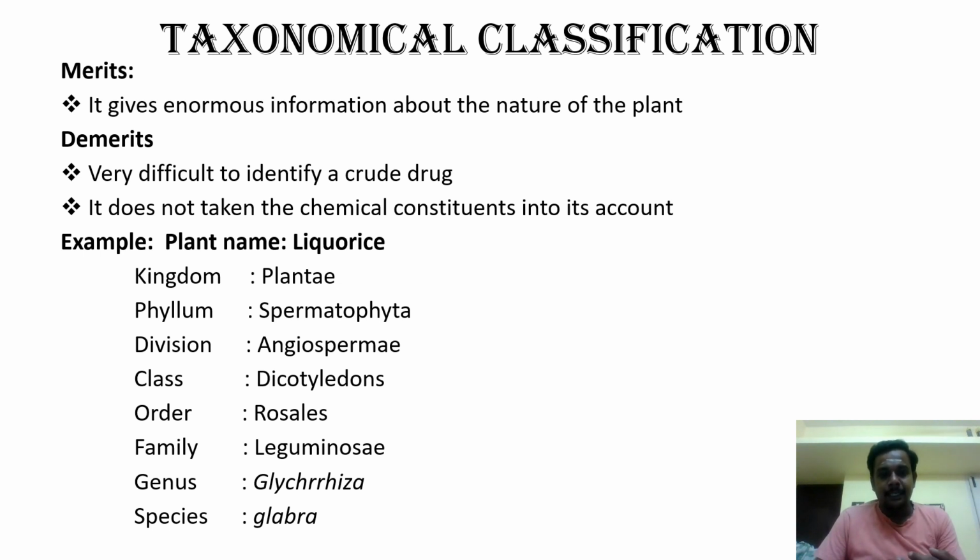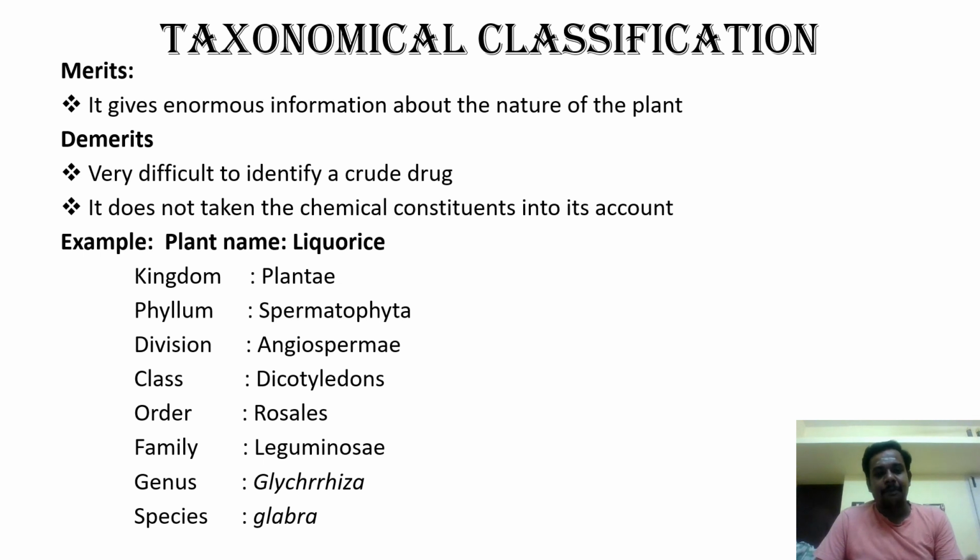Licorice belongs to the family called Leguminosae. The word Leguminosae indicates that if a plant bears legume type of fruit, it will come under Leguminosae. Legumes, a simple example, beans. Our plant licorice has legume kind of fruit, so we kept it under Leguminosae family.